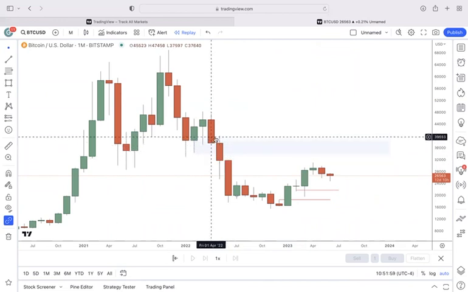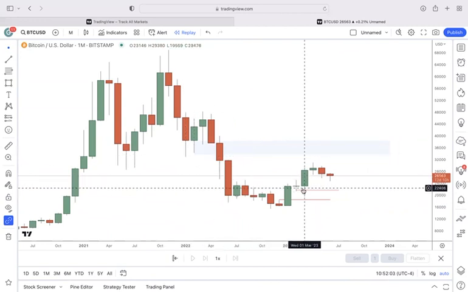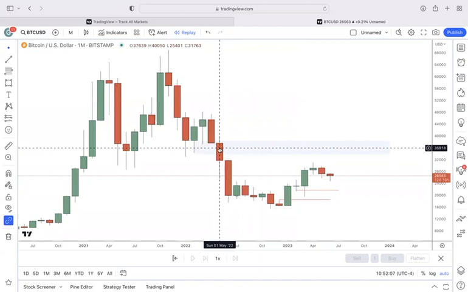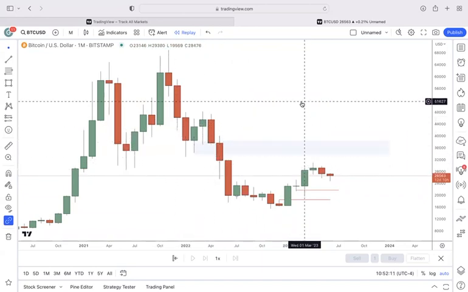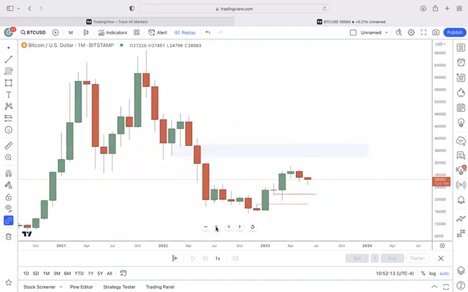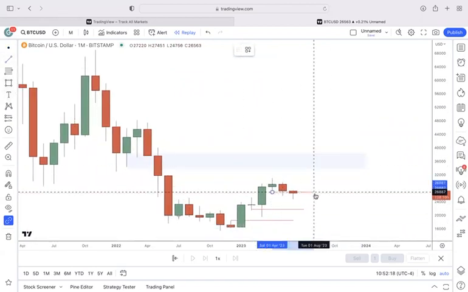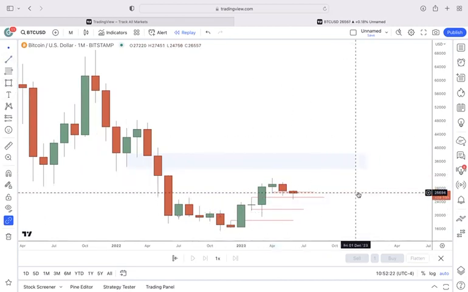So same thing with cable. I believe Bitcoin is doing the same thing. It's going to go from the monthly BISI to the monthly premium SIBI fair value gap. Order block. But also zoom in. You got this candle's low. We got this candle's high, extended out in time.